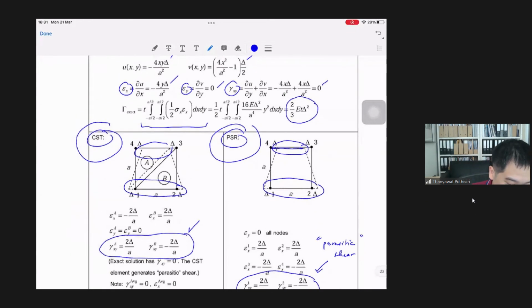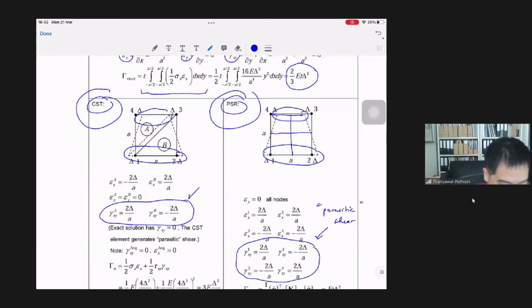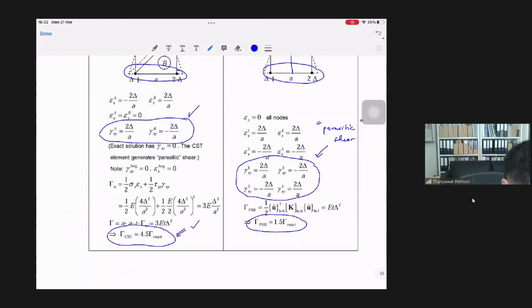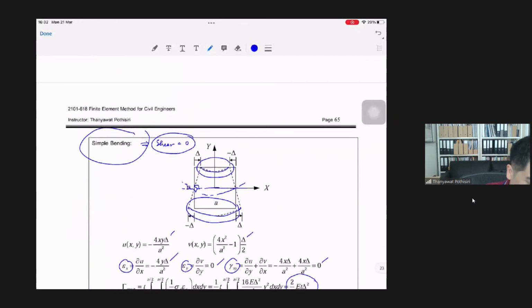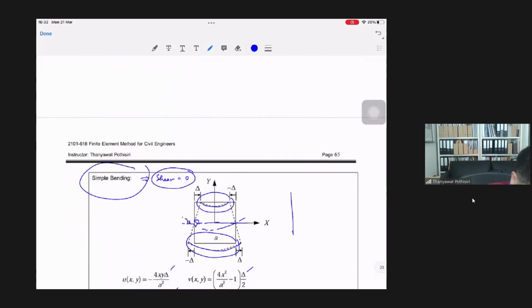Because if you use more elements, then if you mesh, let me write here, for example, you use more PSR elements like this.